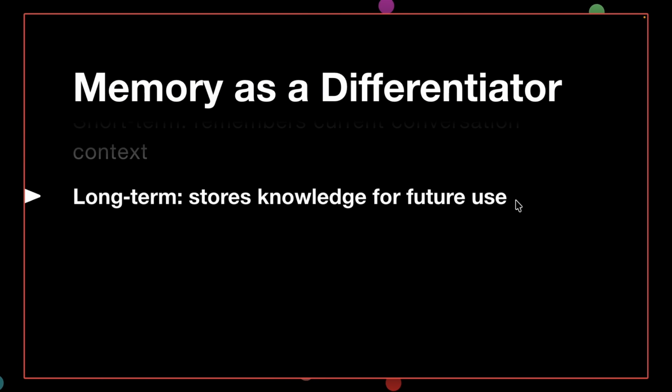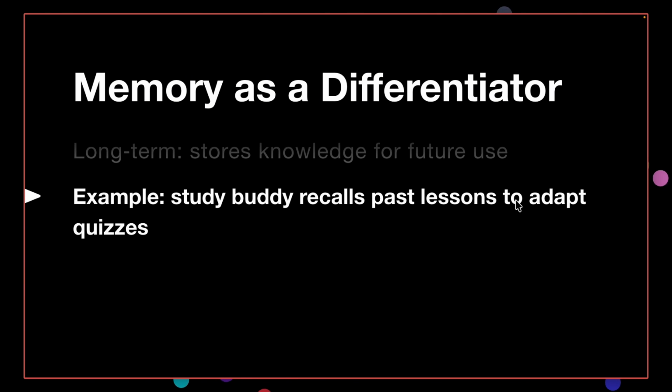You'll also come across long-term memory, which allows it to recall past interactions and use that knowledge in the future. For example, the study buddy agent we talked about earlier can remember which lessons you struggled with and adjust future quizzes so that you can focus on those areas. That is memory.